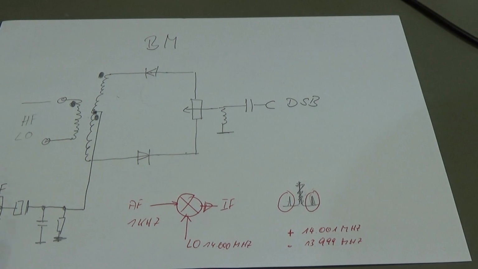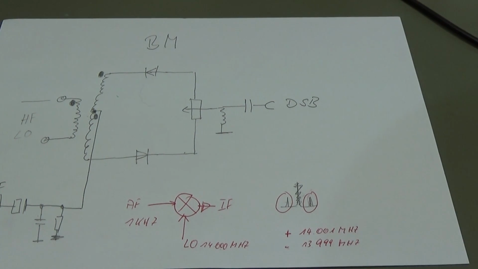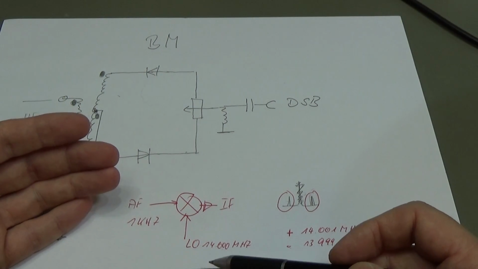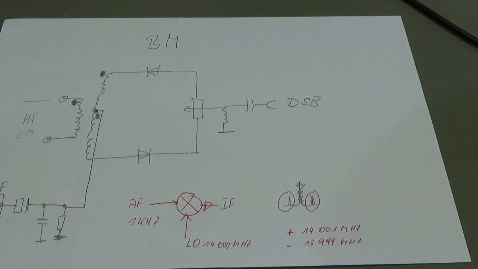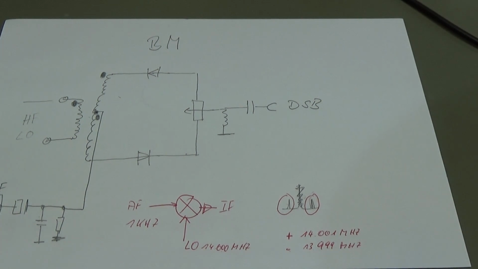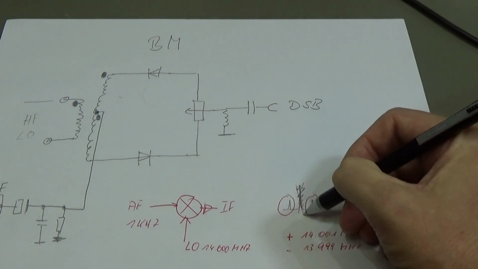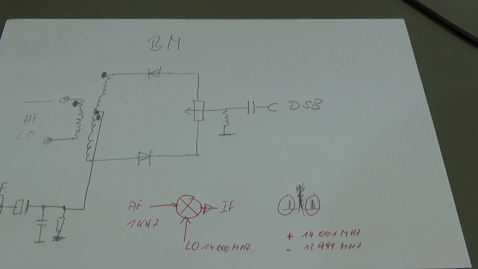For us today, it is to understand that it is basically a mixer, so we get the plus and the minus component, what a normal mixer would do as well. But the balance modulator will do something additional, so it will reduce our carrier, because we don't want to have it in our transmission.